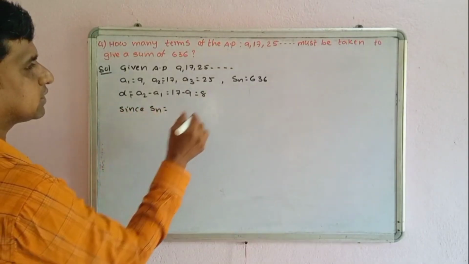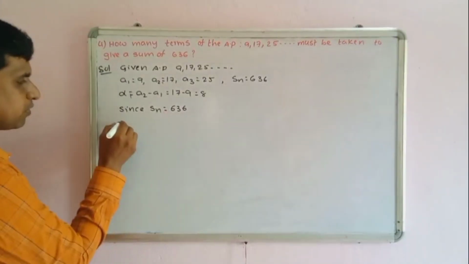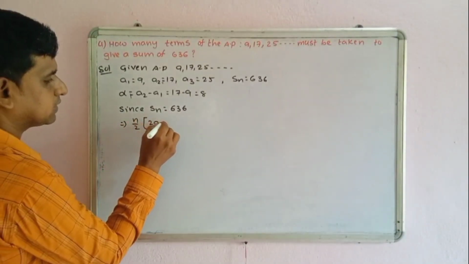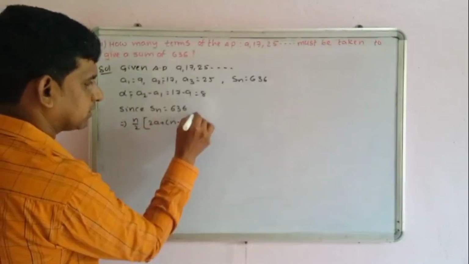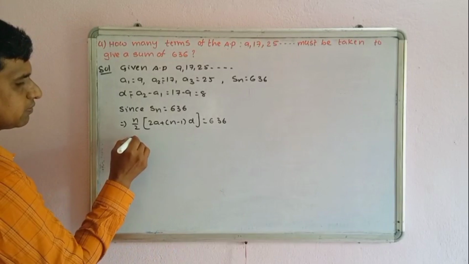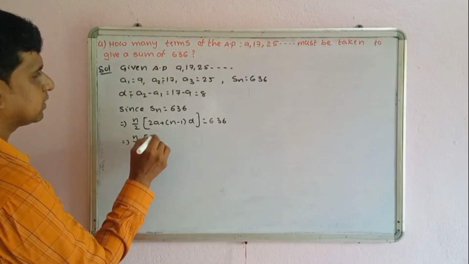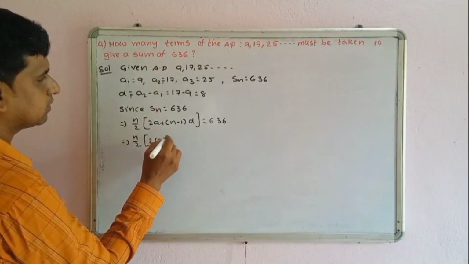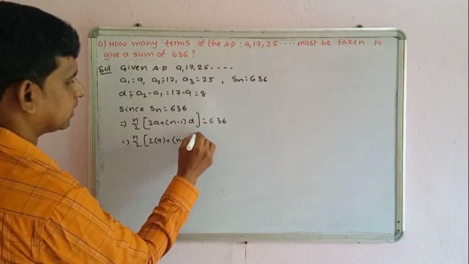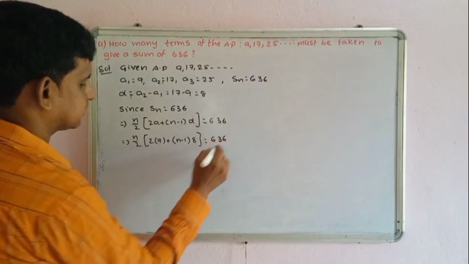Since Sn equals 636, now we will find the value of n. What is the Sn formula? n by 2 into 2a plus n minus 1 into d equals 636. We don't know the value of n. So n by 2 into 2 times a value 9 plus n minus 1, d value 8, equals 636.